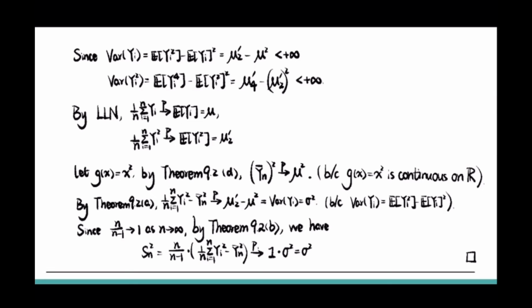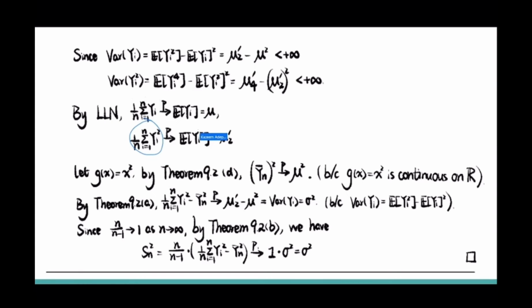We believe that if I have a data set, a sufficiently large sample, and using the idea of the weak law of large numbers, we expect that the summation of y over n is this here. And that convergence takes place in probability.